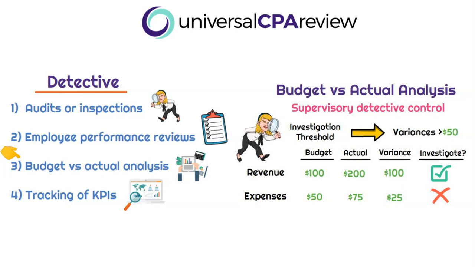Now, the expectation isn't necessarily to hit the budget and for the actual to be on par. It's just to understand why we are higher or lower. So what a company should do is establish a threshold, which can either be a dollar amount or a percentage threshold. And then if the budget versus actual exceeds that dollar or that percentage threshold, well, they should investigate.